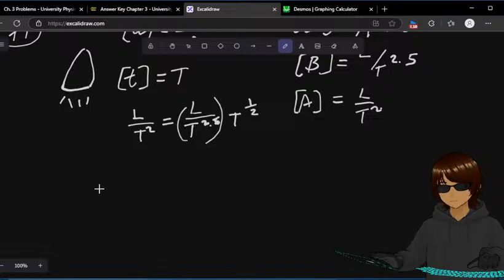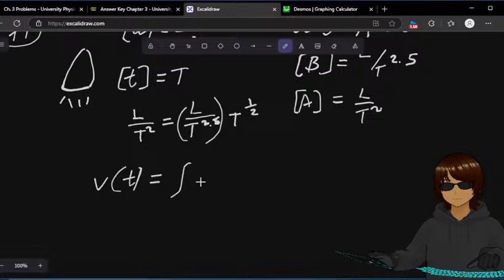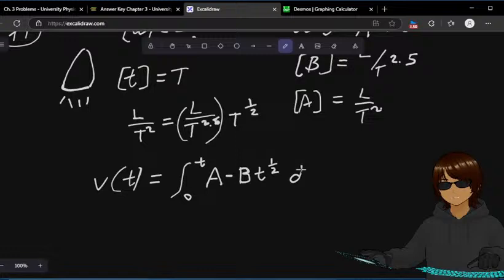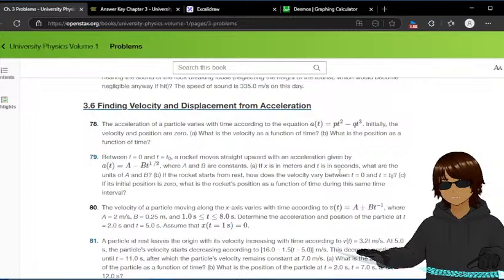So, velocity at a particular time. Let me think. The integral of a minus b t to the power of half. This is a definite integral, so we are starting at 0 and going to t.